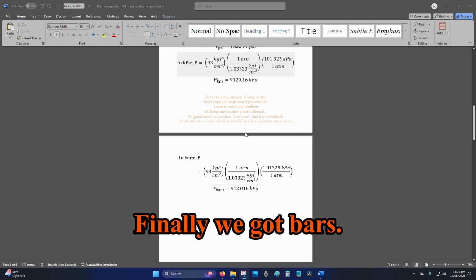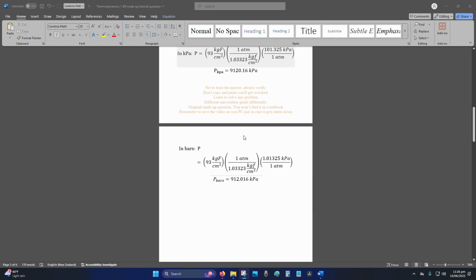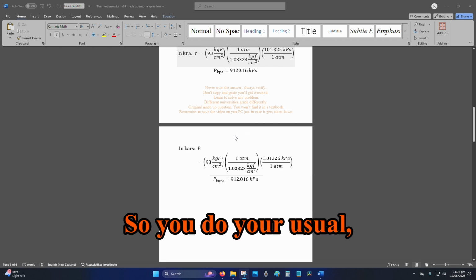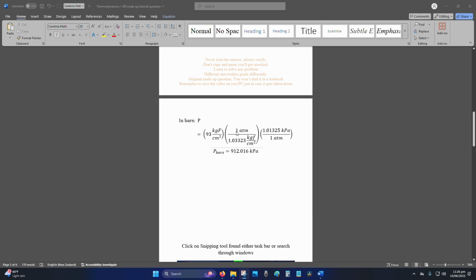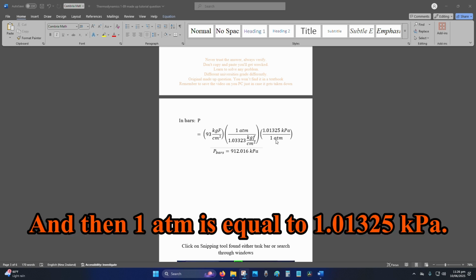Finally, we got bars. So you do your usual, convert it into atmospheres, and then 1 atmosphere is equal to 1.01325 bar.